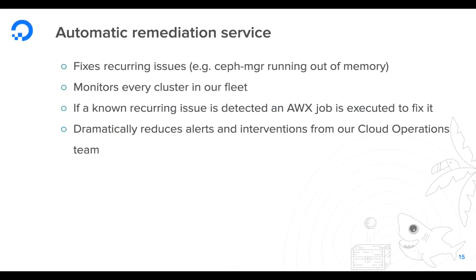And if it's over X gigabytes, I don't remember the number, we trigger an AWX job, which is an Ansible playbook, to fix it. So in the case of a manager, if it's over that amount of memory used, just run a playbook to fix it, which is just restart it. And that dramatically reduces the number of alerts we have for this and the intervention from our cloud operations team.